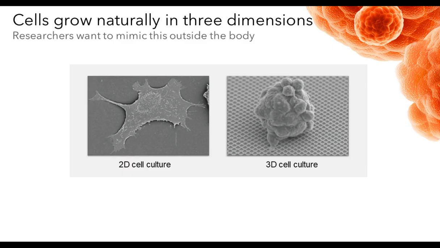The slide here shows, in fact, what happens to cells, and the figure on the left there, the 2D cell culture, is a cell grown on a plastic plate. There's some sort of surface treatment there, but you can see that in contrast to the cells grown on the right, where they have spontaneously come together to form an aggregate, a three-dimensional structure known as a spheroid.